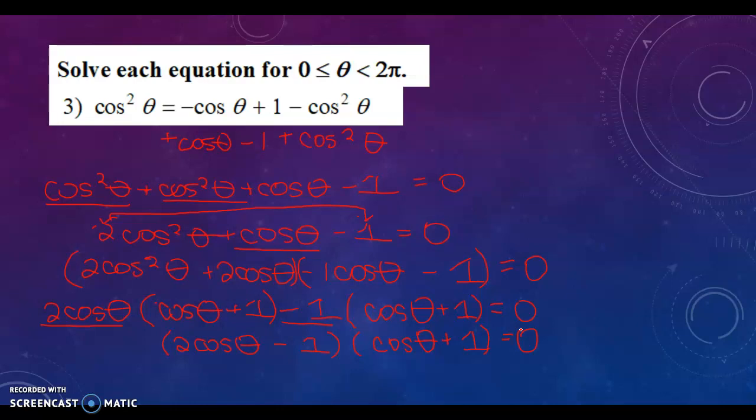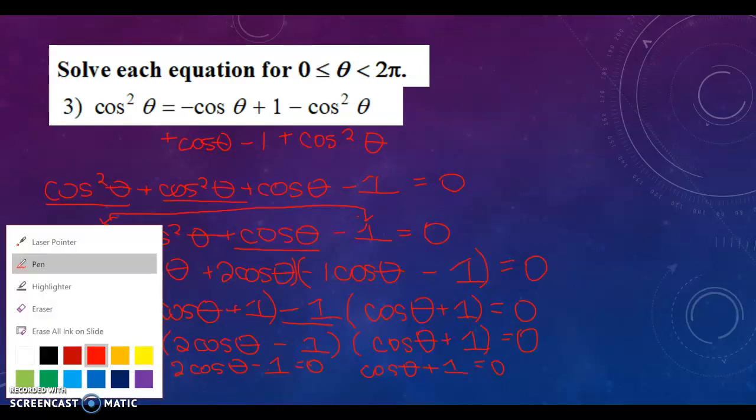Now that I have it in factored form, I can set both of these factors equal to 0 and solve for theta. So I'm going to start off with my 2 cosine theta minus 1 and set it equal to 0. And then I also have my cosine theta plus 1 and set that equal to 0.